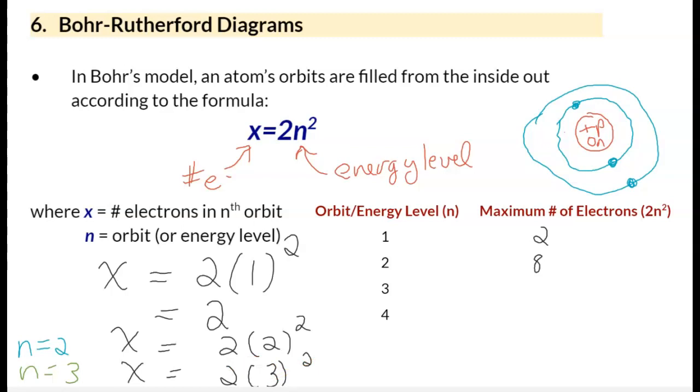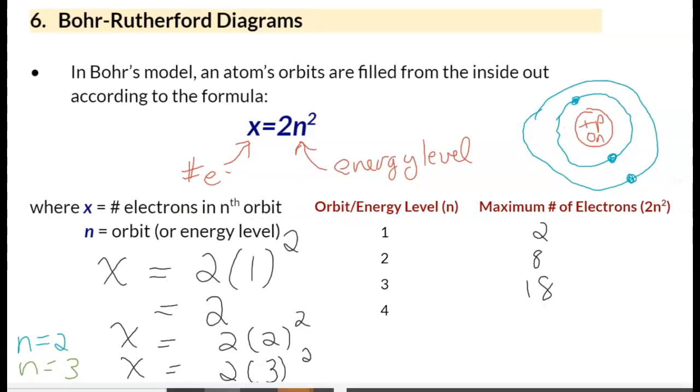So that's a bit of a difference, in that most of us will remember filling electrons from the inside out, where there being 2 in the first energy level, then 8, and so on and so forth. So what we're describing here is the maximum number of electrons allowable at that energy level. We're not talking about what makes an atom stable.